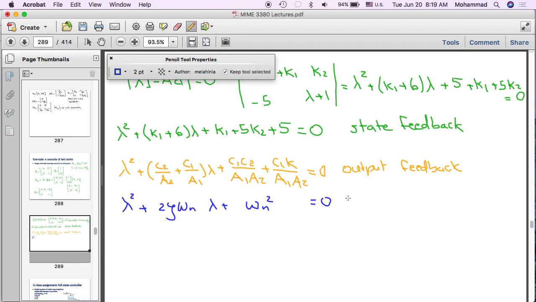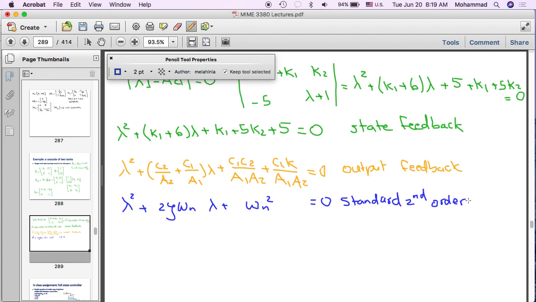This is the standard second order system, where we know exactly where the poles are located.